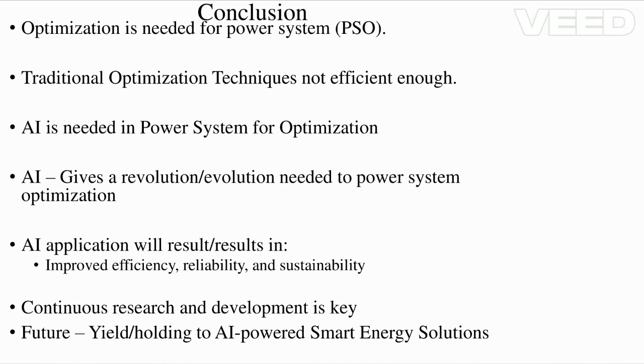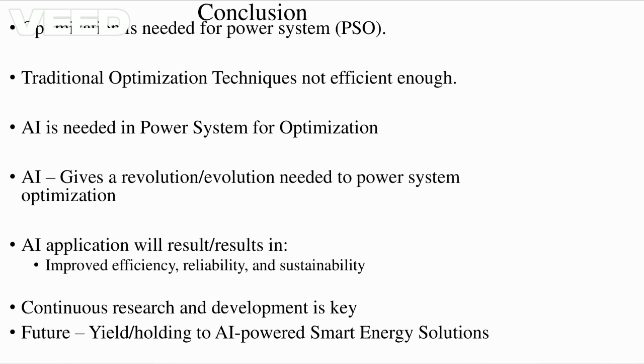So what we can say, in summary, is that optimization is essential for traditional and modern power systems. The traditional optimization techniques that we have used alone are not enough. So AI will come in as a solution that is needed for power system optimization. It will provide the intelligence, adaptability, and predictive power that we need to build smarter, more sustainable energy systems.